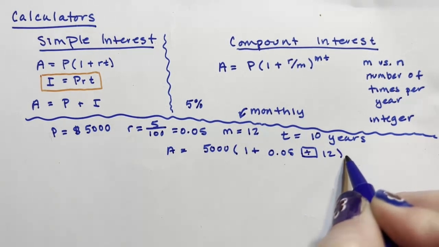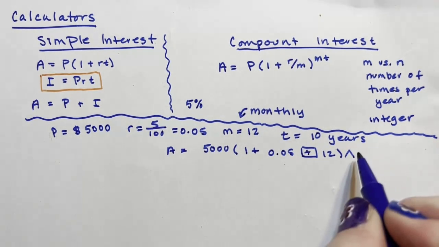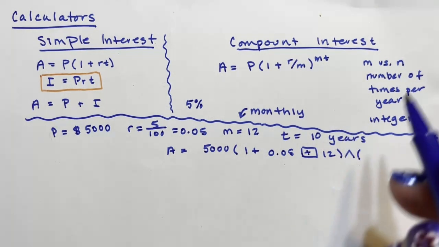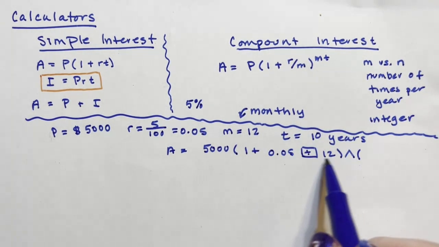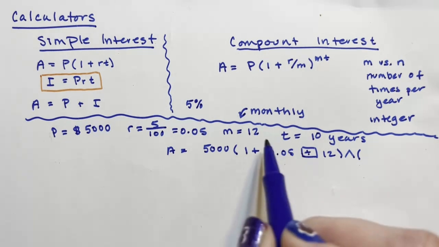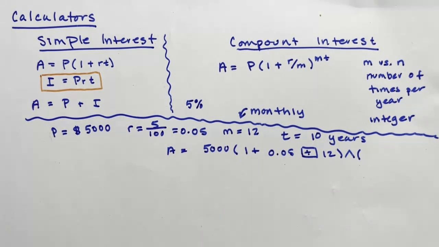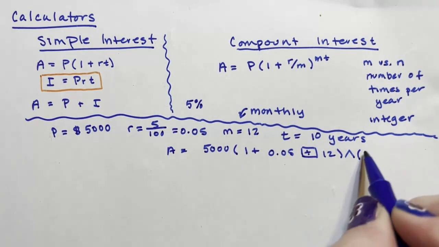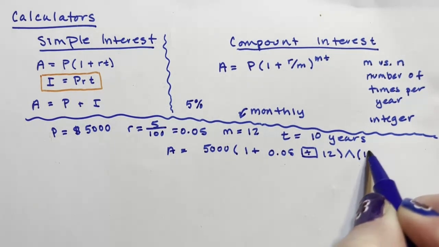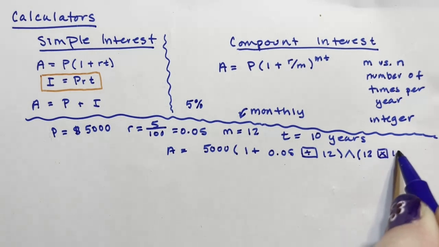And then I'm going to do a little caret because that's a cheap calculator button. Parenthesis, we put that 12 again because this is saying the rate is applied 12 times a year. You take the annual rate divided by 12 to find the monthly rate, and then you have to do it 12 times a year. And then we do the times button for 10 years.